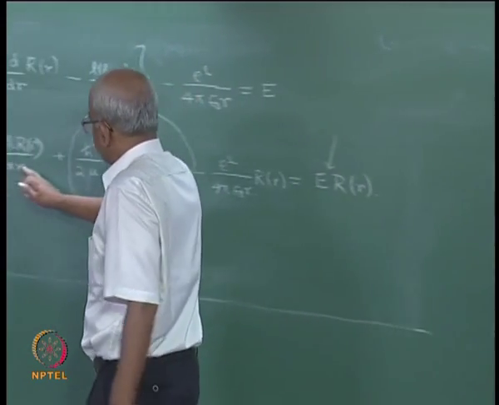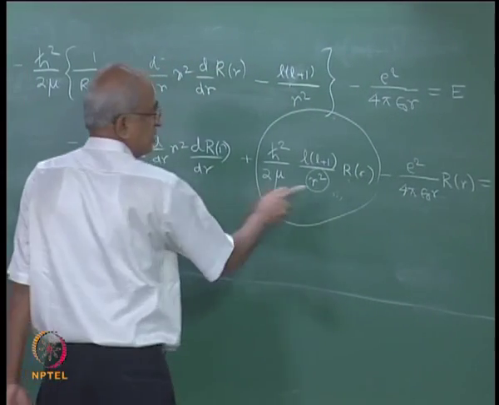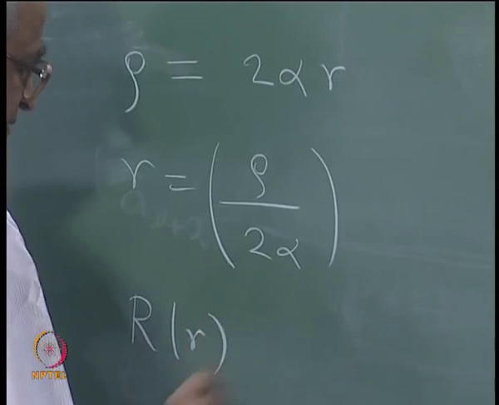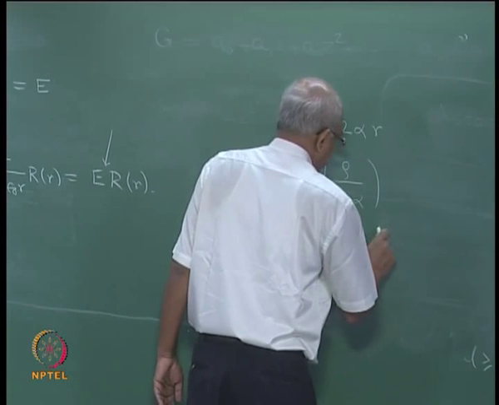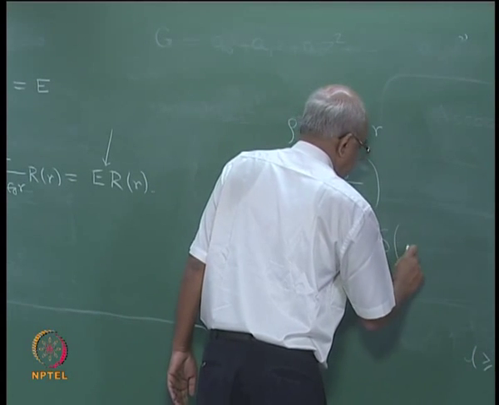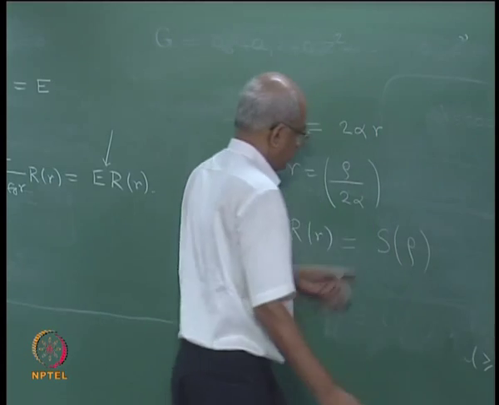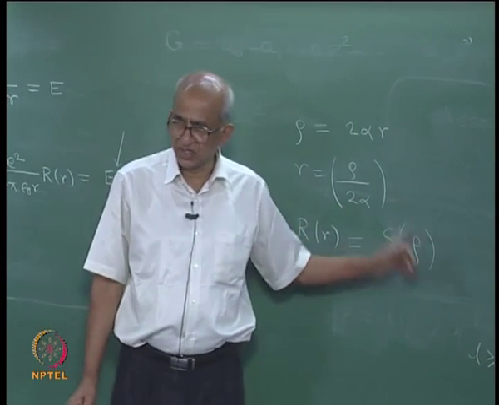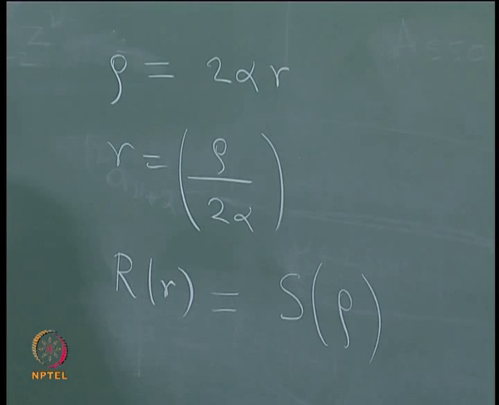So, wherever r is occurring, I am going to put rho by 2 alpha, and this capital R actually is a function of small r, and that will be equal to a function of rho, which I will denote as S. So, S is defined to be equal to R, but S is the function which is the function of rho.